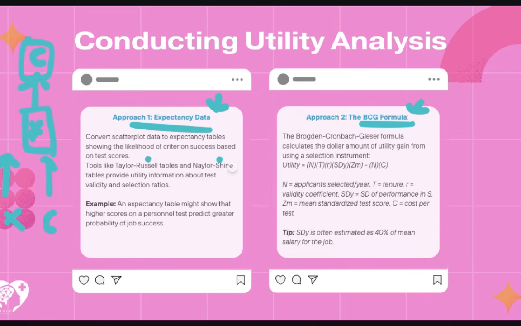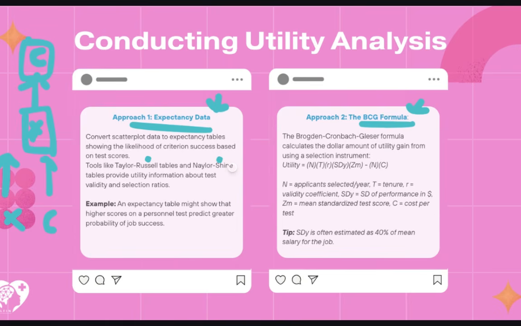There are disadvantages if you look at all three. Most of the three approaches, the expectancy data, the Taylor Russell, and the Naylor Shine, are very dichotomous in their expression of utility. They cannot really analyze utility gains, and they have no consideration of the cost of testing, as compared to the BCG formula.